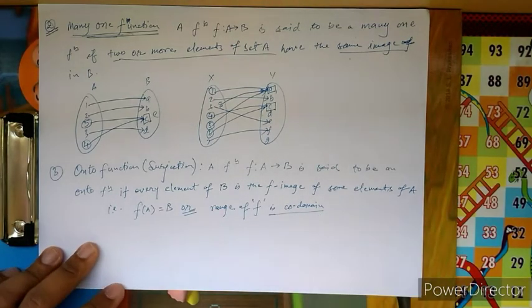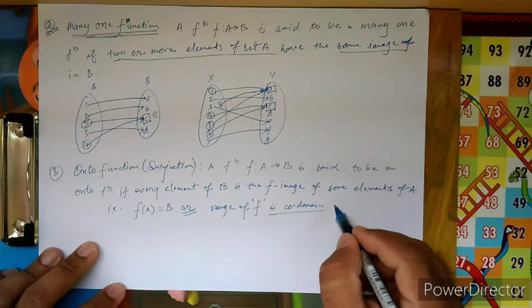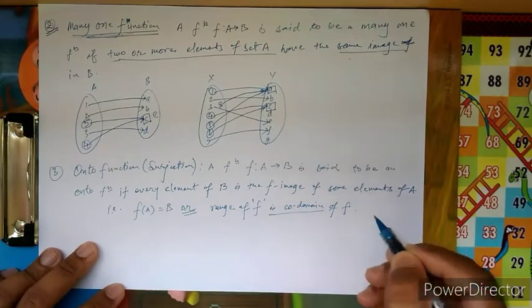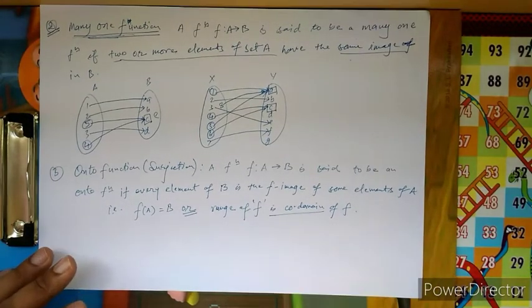We have seen what is codomain and what is the range of a function. The range of a function is the codomain of the function.